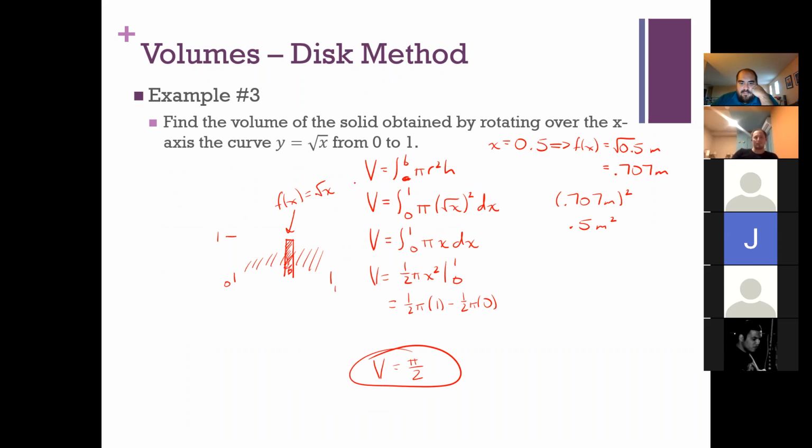This right here, let me go ahead and put a step in here that we didn't have before. But really what we're looking at is the volume is going to be the integral from 0 to 1 of pi y squared dx. Because that radius really does come from f of x or y. That radius comes from the height of the function.